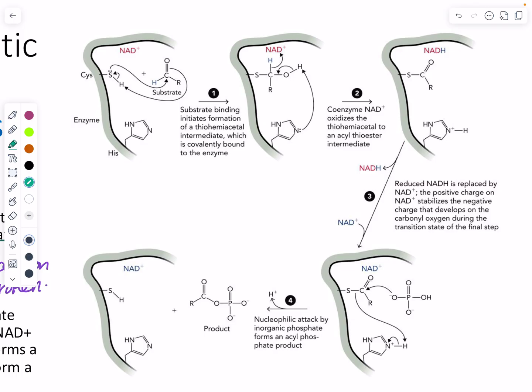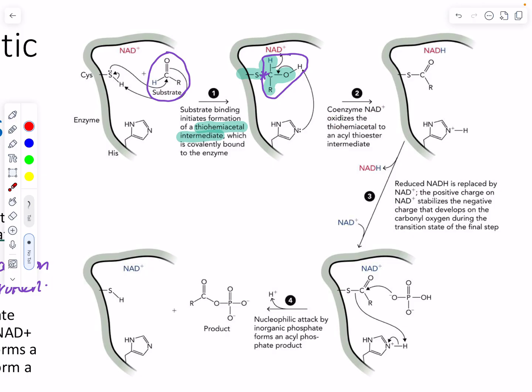So here is our thiohemiacetal intermediate. Okay, so we started with this substrate molecule here. It is now bound as a thiohemiacetal in the active site, and our covalent bond is this one right here.